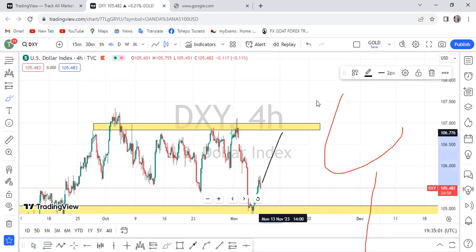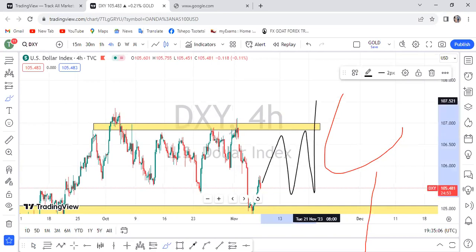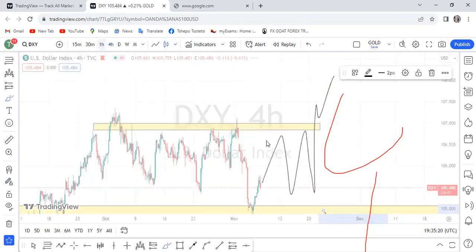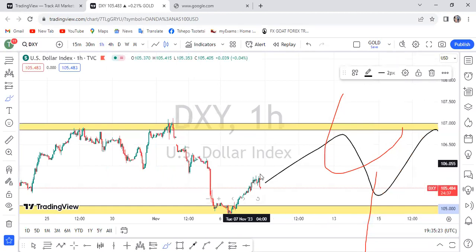So for us to take a confirmed entry, we must get a breakout, a retest, and a continuation, or it's gonna break to the downside, retest, and continue. But so far, this market is showing that, okay, the dollar is ranging. So from here, we won't take an entry on the dollar.